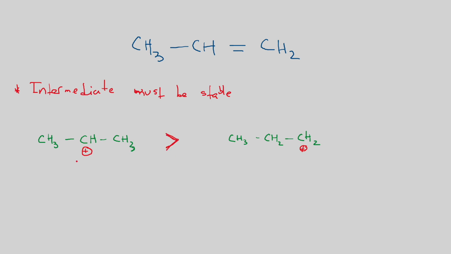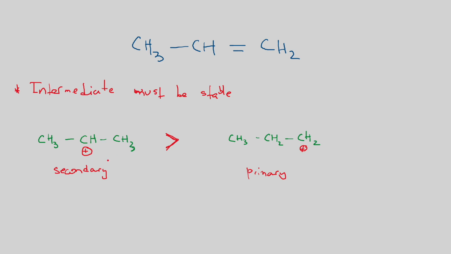Why? Because this is a secondary carbocation. What does secondary carbocation mean? The carbon which has positive charge is connected with 2 different carbons. This is primary. The carbon which has positive charge is connected with 1 carbon. So by Markovnikov, the secondary is more stable than the primary. The electron density on the secondary carbocation is more stable compared with this primary one.